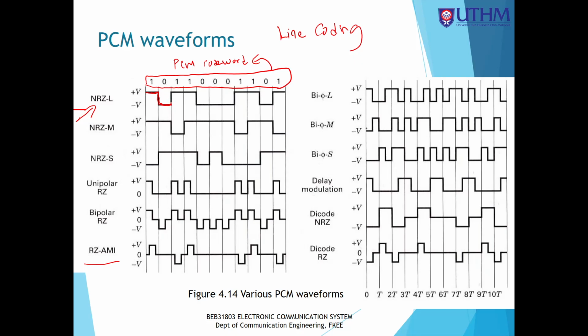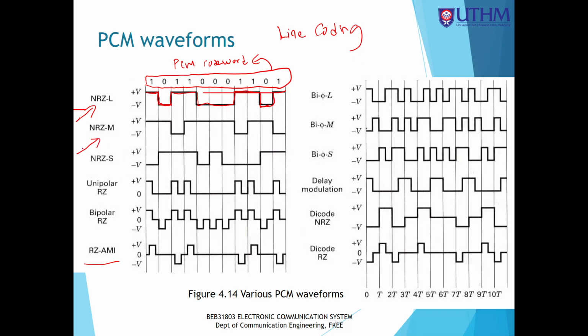Logic 1 will produce positive voltage, logic 0 will produce negative voltage. So what you can see here is that every time there's a change of logic state from 1 to 0 or 0 to 1, you're going to see the output changing in terms of polarity, and so on.